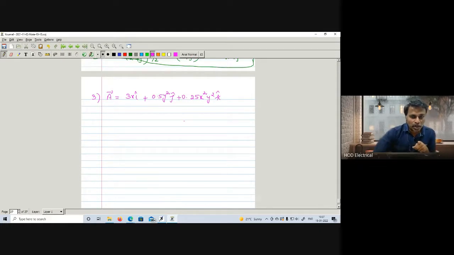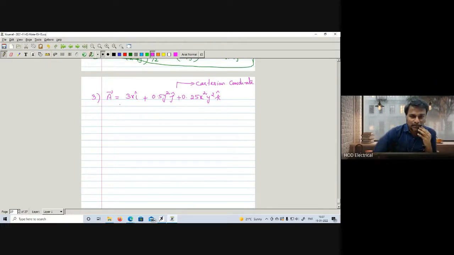So what is this coordinate? X, y, z unit vectors are i, j, k. So this coordinate is called the Cartesian coordinate. Then a point is given.